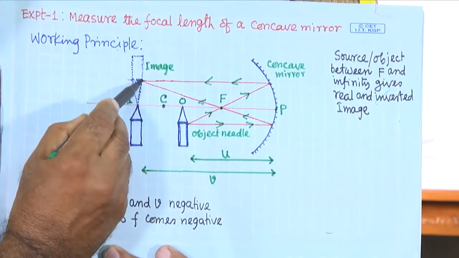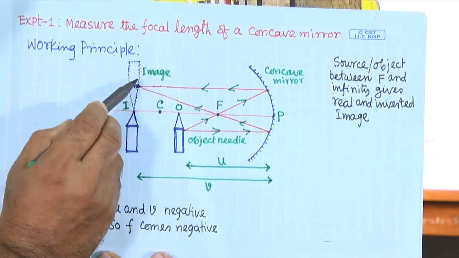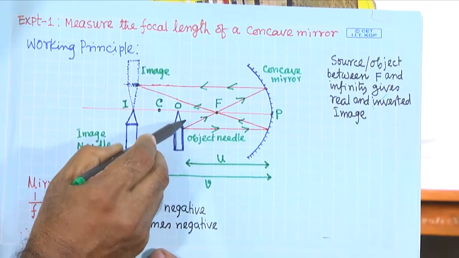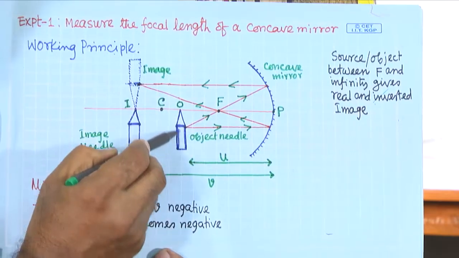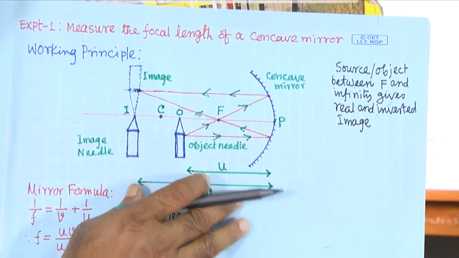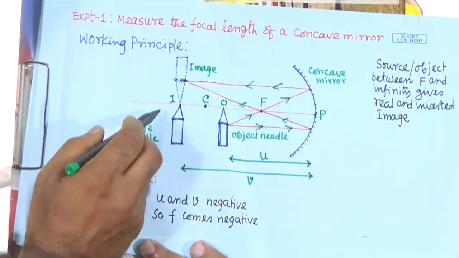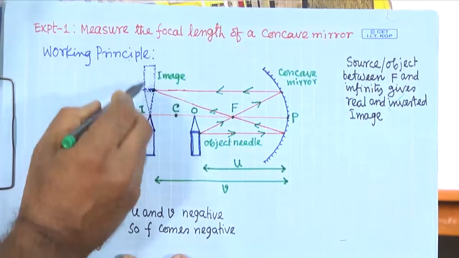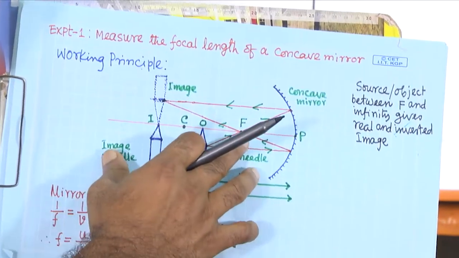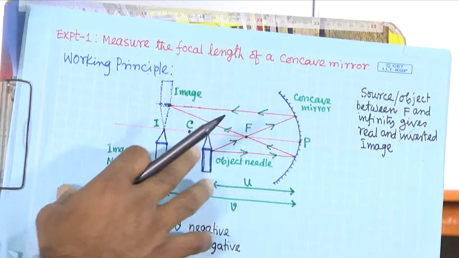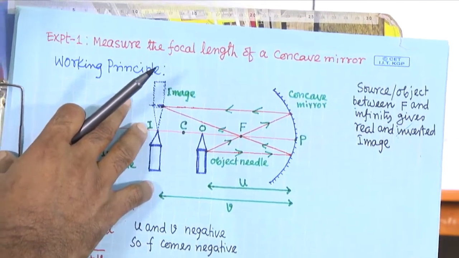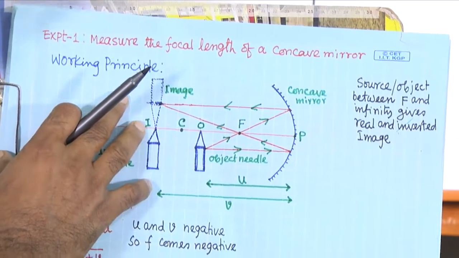So, this point will be the image of the object point here. Similarly, from all points of the object, light will fall on the mirror and we will get the image. Okay. Since the distance is greater than f, we will get an inverted and real image.